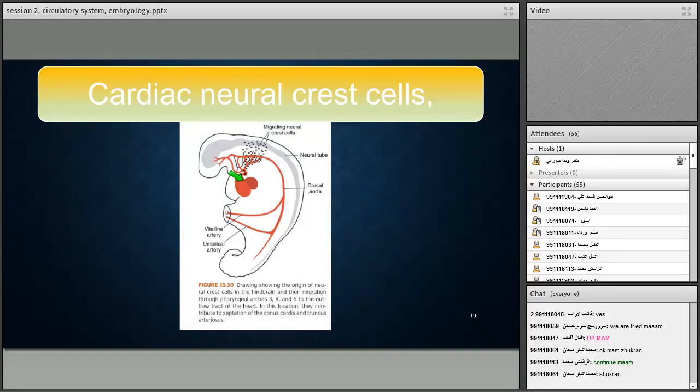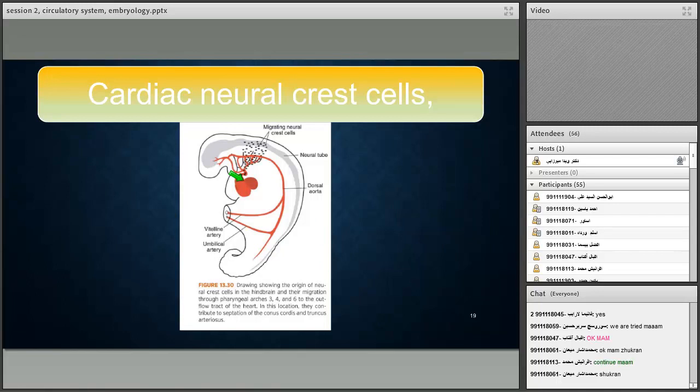If some defect or abnormality happens in the migration of these neural crest cells, there would be problems or defects in the formation of this septum.